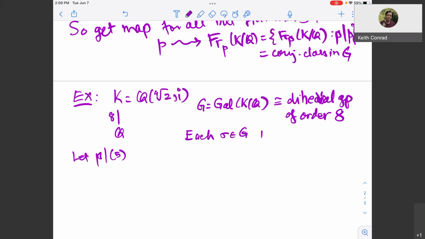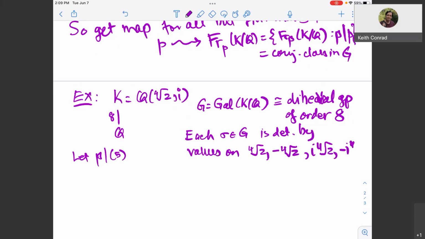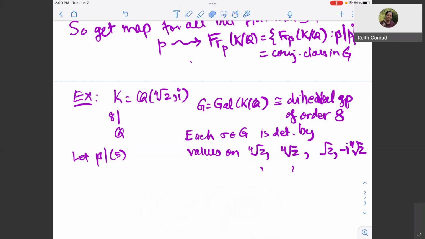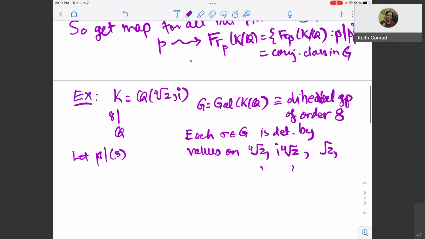each element in G is determined by its values on the 4 different fourth roots of 2. You could say the fourth root of 2 and i separately, but I just want to list out the 4 different fourth roots of 2, in the order of powers of i: 1, i times the fourth root of 2, minus the fourth root of 2, minus i times the fourth root of 2.